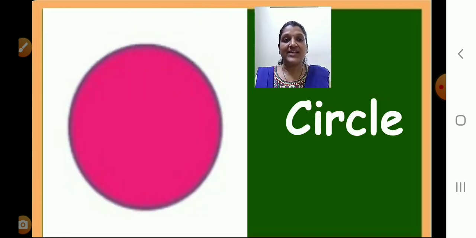See, which shape is this? Yes, circle. It's a circle shape. How do we write a circle? C-I-R-C-L-E, circle. Right? Now, we find many objects with the shape of a circle around us. Which are they?